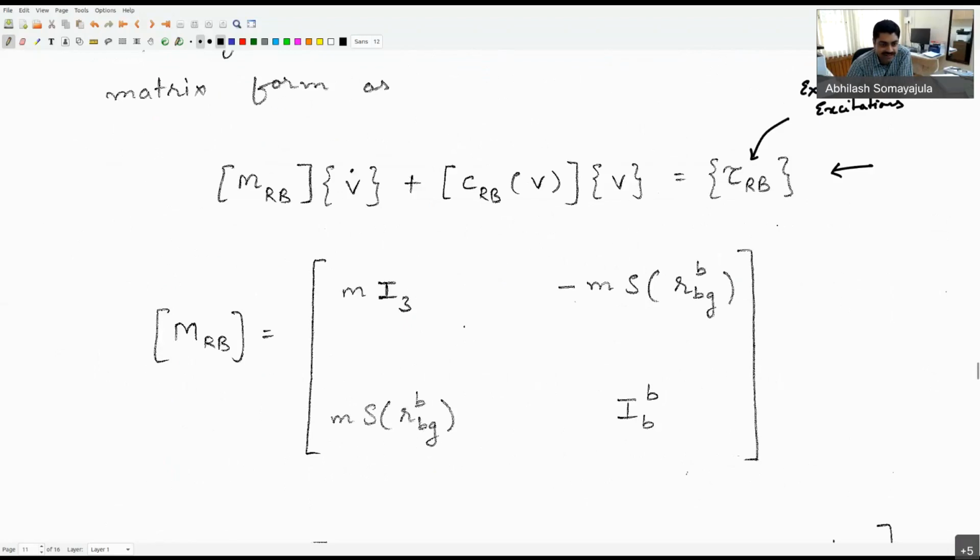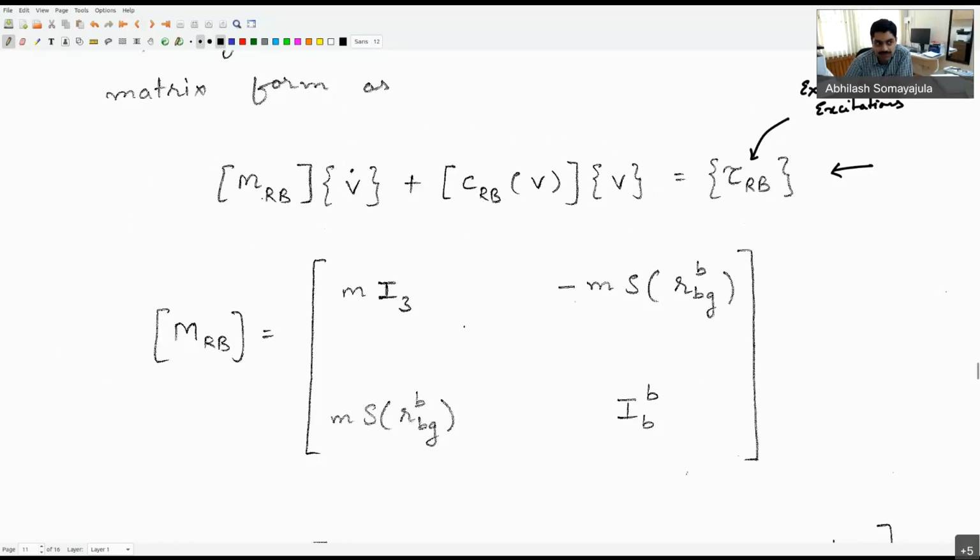And we'll see that there are some interesting properties of this mass matrix and the Coriolis matrix. And I think we already saw a couple of them, that the mass matrix is symmetric, whereas the Coriolis matrix is skew symmetric, which means that it is equal to negative of its transpose.